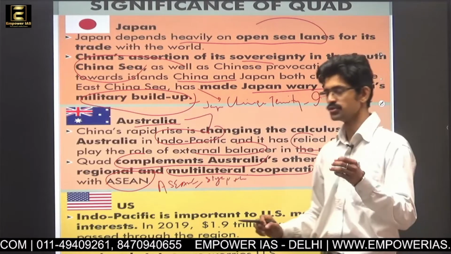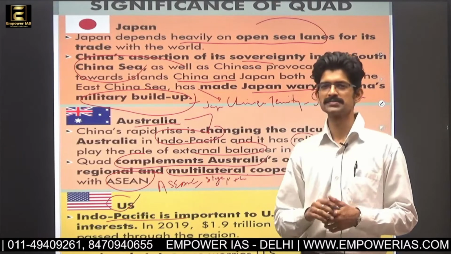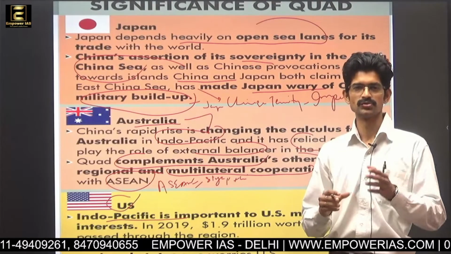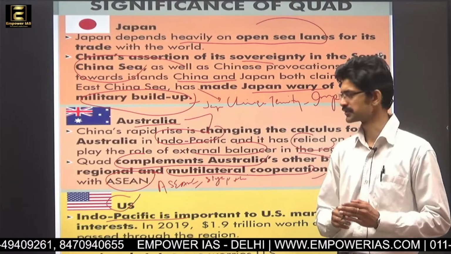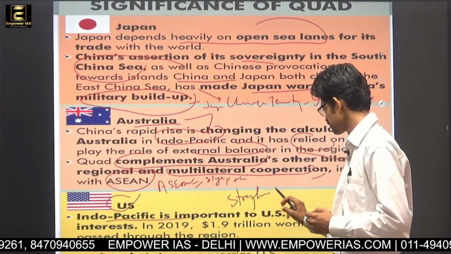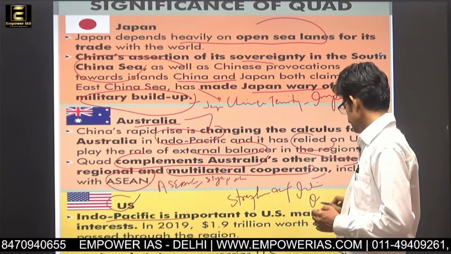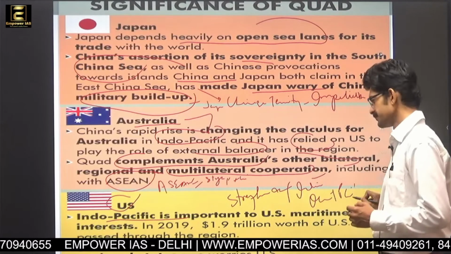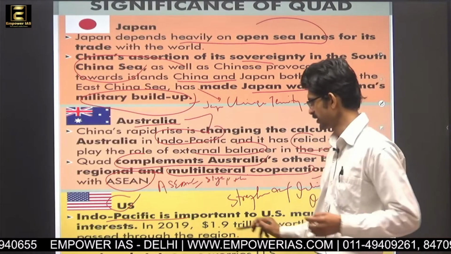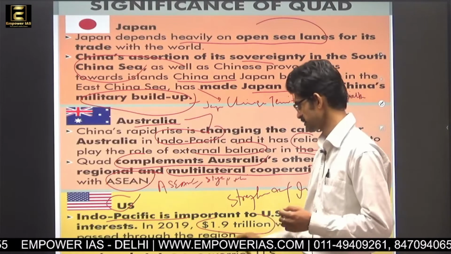Further, as the US enters the meeting, Indo-Pacific security is complemented by another superpower addition, that is the United States, which promises to strengthen the security and measures of the Indian Ocean and Pacific Ocean. So it has a trade of 1.9 trillion worth of trade passing through the region.